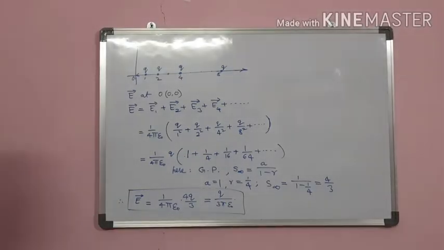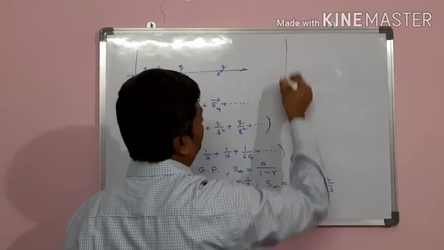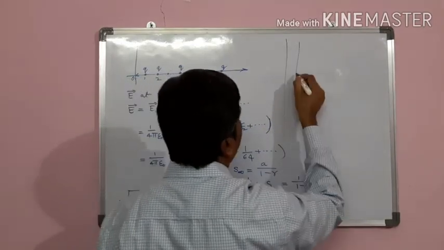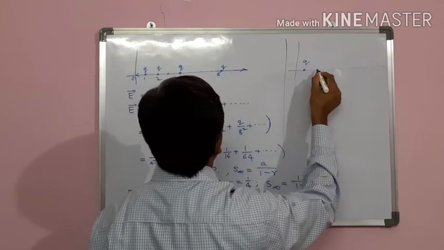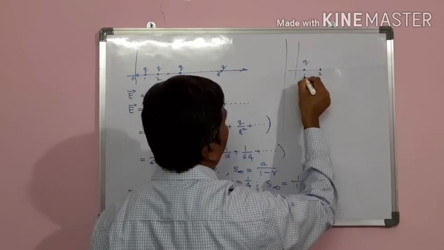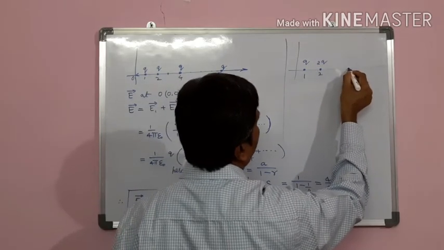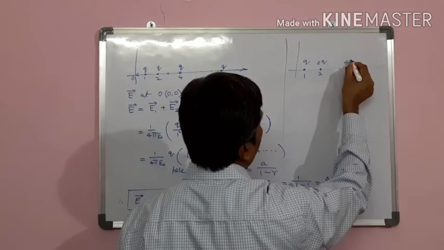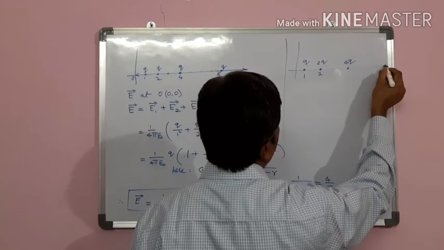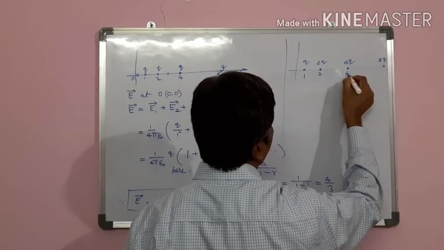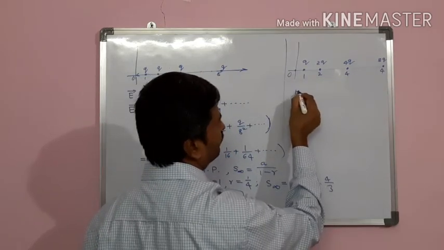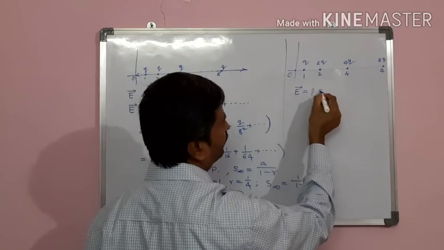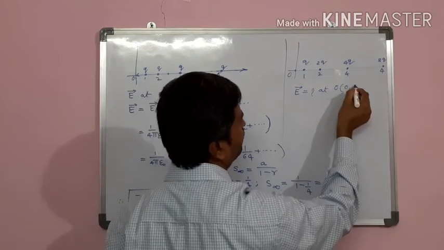Now for you, there is a homework in a similar fashion. The different problems you see here. This is charge Q, and at 2 charge 2Q, at 4 charge 4Q, and at 8 charge 8Q. Then it is asked to find the electric field at the origin 0, 0.